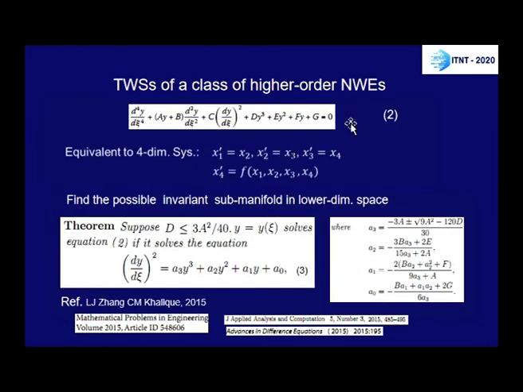For these four-dimensional systems, we know it's not easy to find the orbits. But here, we can use this method to find the invariant. The main idea is to find the possible invariant submanifold in lower dimensional space.